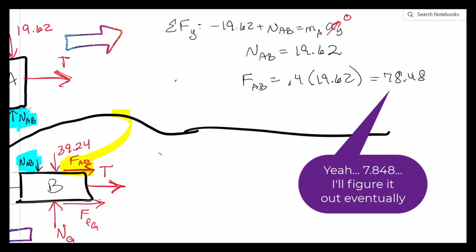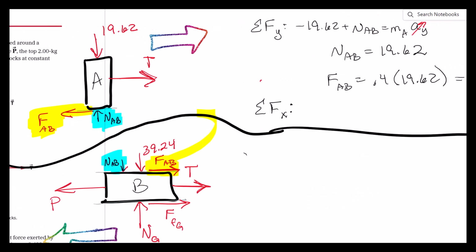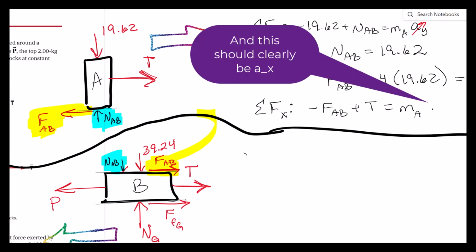Now I know the sum of the forces in the x direction on this block are the force of friction going back, tension going forward, and the mass of A times some unknown acceleration to the right. I know FAB, but I don't know T and I don't know the acceleration, so I have two unknowns here.